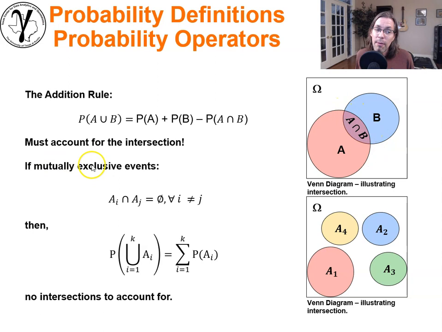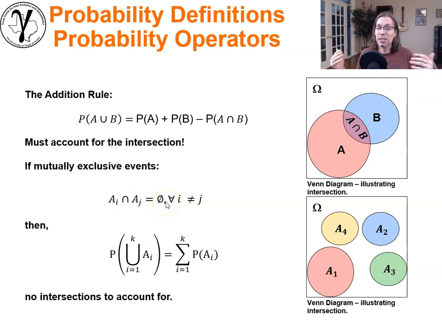Now in the case we have mutually exclusive events, we could generalize even further. This would be any number of possible events, A1, A2, A3, A4, up to any number. What we can say is that the intersection between Ai and Aj, where i is not equal to j, is going to be a null set.